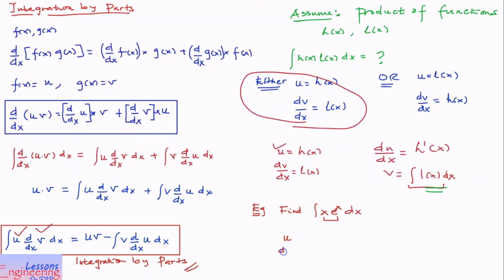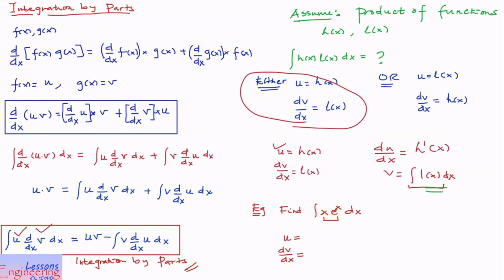u and dv by dx. So what's u? What's dv by dx? It is always going to be one of these. One of these will be u, the other will be dv by dx, or you can assume the other way around.